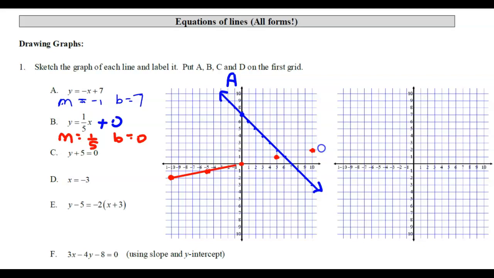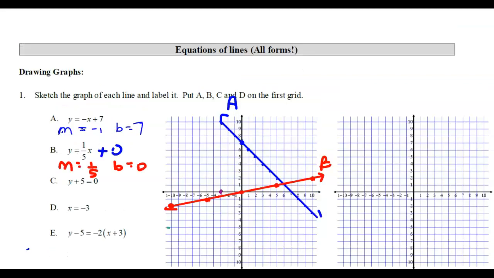Okay, when you solve for y, notice how there's no x term. So what's the slope if there's no x term? 0. So that will be y equals -5, right? Because the 0x term.